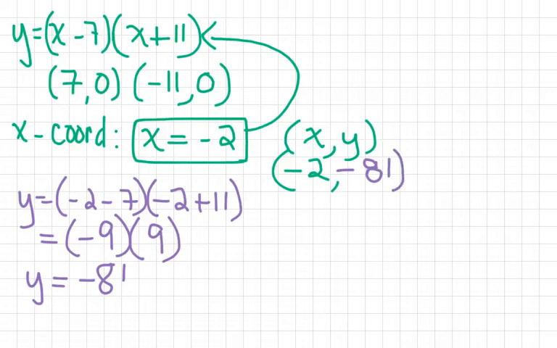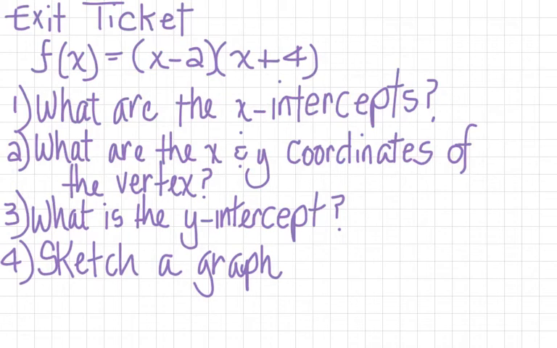Okay, so we're ready to go ahead and do our exit ticket. So here is the exit ticket. If I give you that f of x is equal to x minus 2 times the quantity of x plus 4, what are the x-intercepts? What are the x and y coordinates of the vertex?